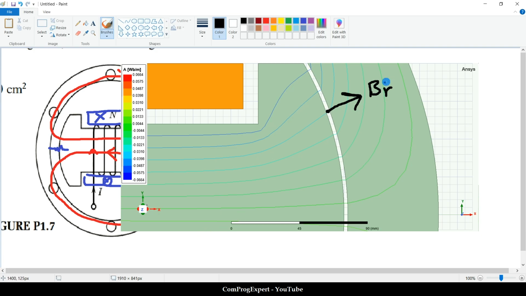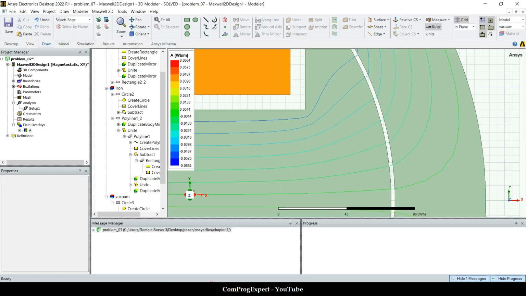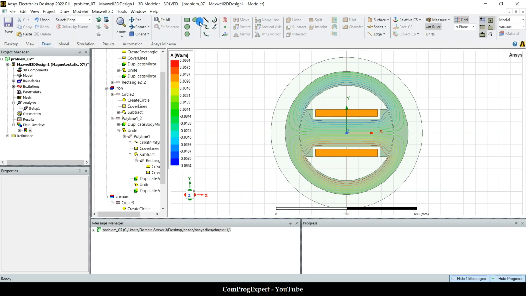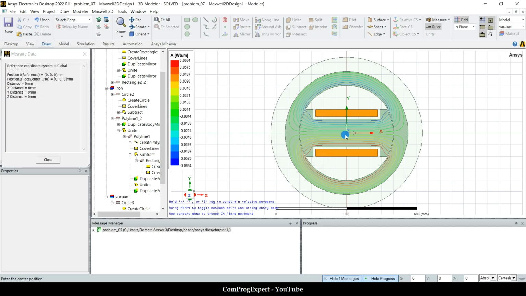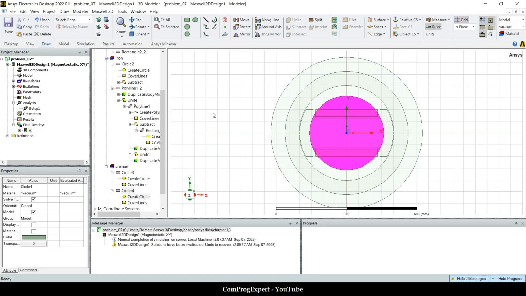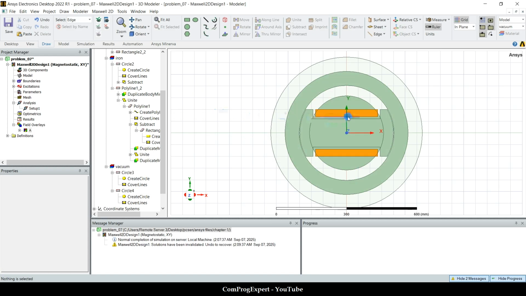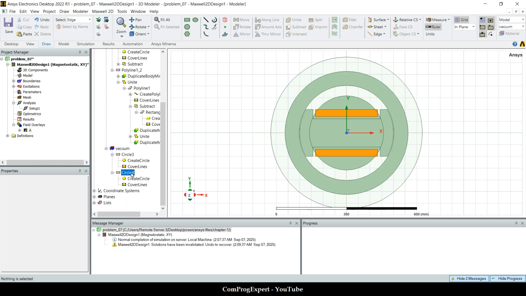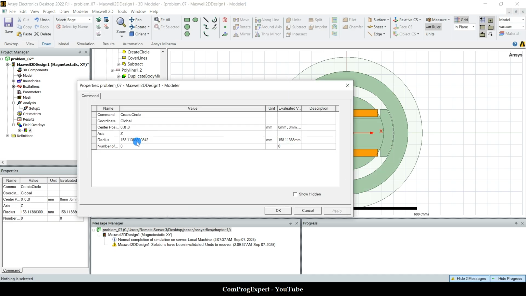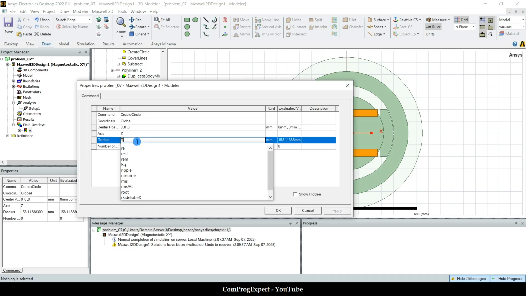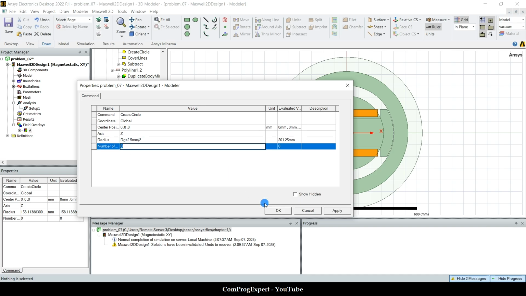I want to plot BR versus theta. Theta is the circumferential position. Okay, so we can add a circle here in the middle of the air gap, this circle 4. This is the radius of the gap plus 2.5 millimeters divided by 2.